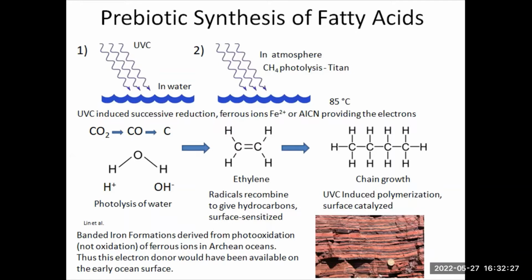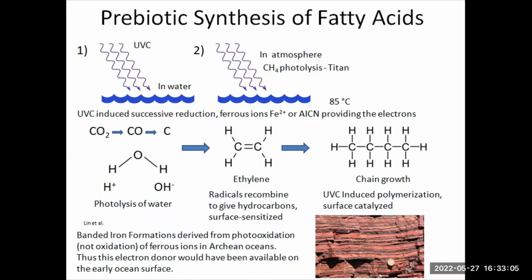And so what can happen then? We can have this successive reduction of carbon dioxide to carbon monoxide and then to carbon through interaction with the UVC light, and with the help of some ferrous ions, Fe2+. This is one of the molecules in the steps on the way to the production of adenine from 4 molecules of hydrogen cyanide. It's called aminoimidazole carbonitrile.